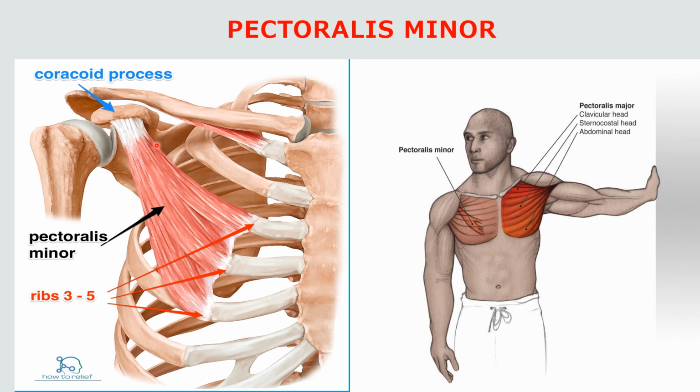Protraction means the forward movement of the scapula. So that is about the pectoralis minor: the origin, the insertion, the nerve supply and the action.